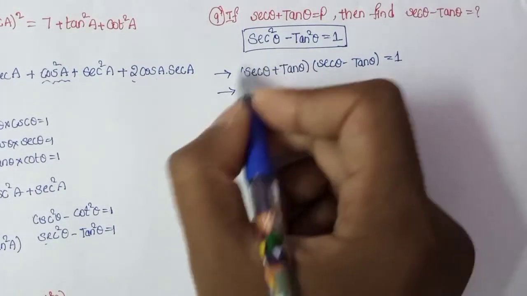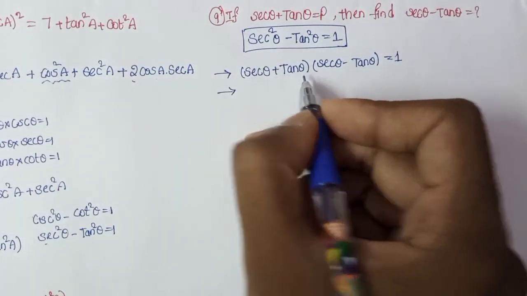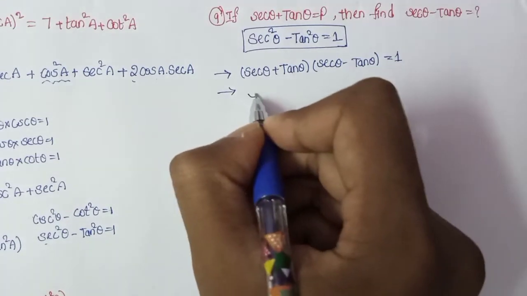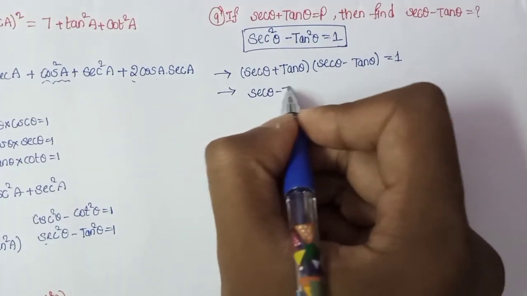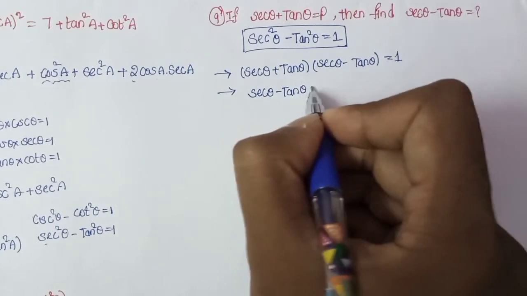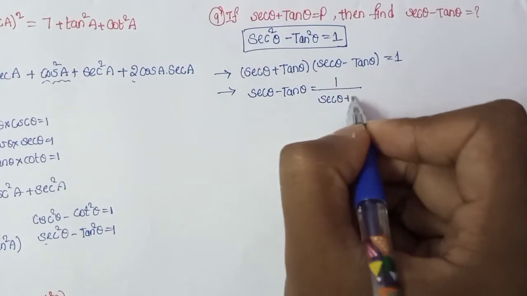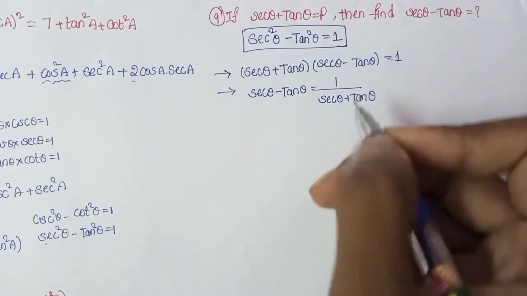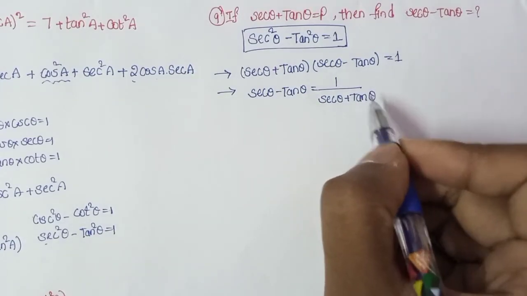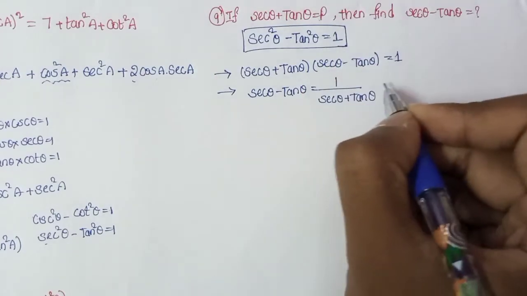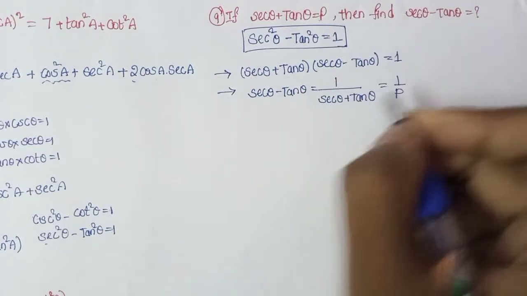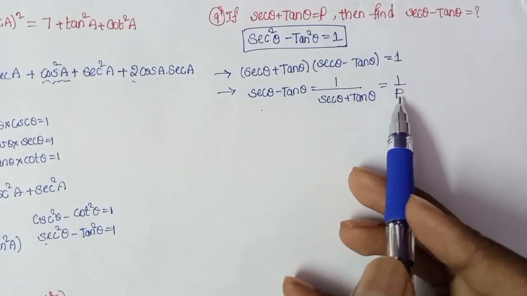If you bring this sec theta plus tan theta to that side, what happens? Sec theta minus tan theta is equal to 1 by (sec theta plus tan theta). Sec theta plus tan theta is given as p, so sec theta minus tan theta is equal to 1 by p.